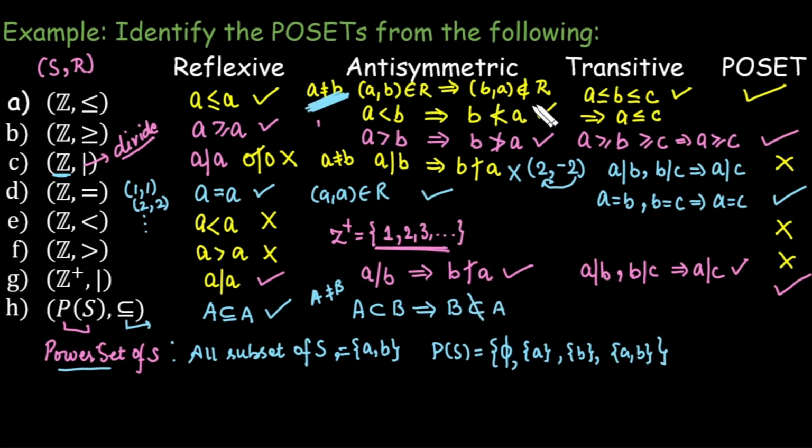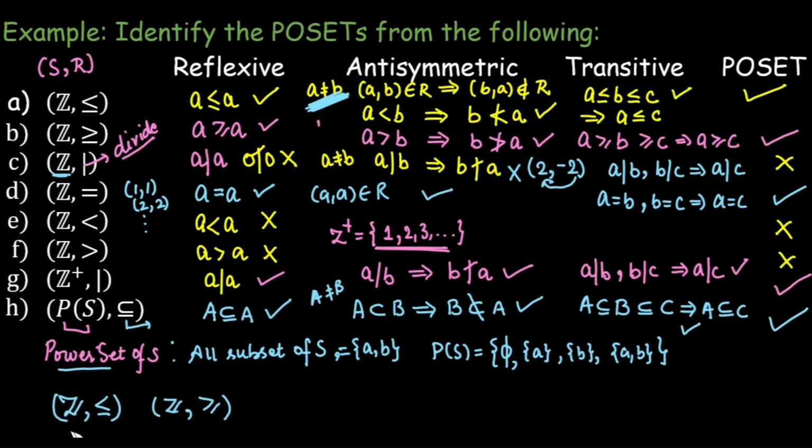No. Even in antisymmetric, we say the reverse should not hold, and in this case B can never be contained in A. It means it is antisymmetric. Now, for transitivity, if A is a subset of B and B is contained in a set C, can we conclude that A is properly contained in C? Yes. So it is reflexive, antisymmetric, transitive, and hence it is a POSET.